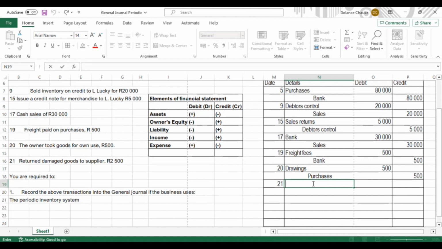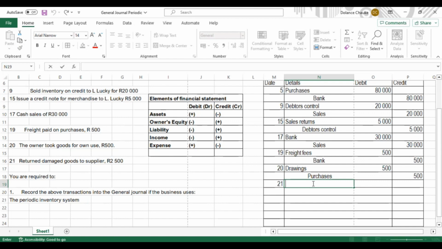But now you are returning. When you return, it means your creditors are decreasing. For example, if you bought goods from your creditors for 5 rand, and then you return 2 rand of goods that are damaged, you are no longer owing those people 5 rand.